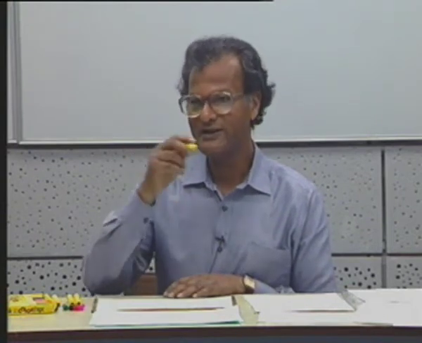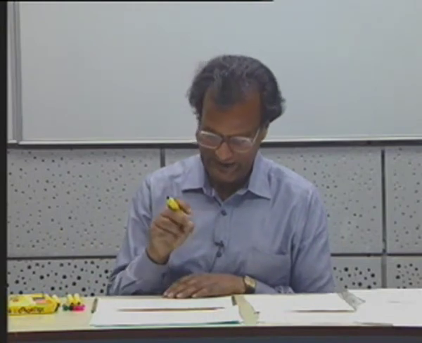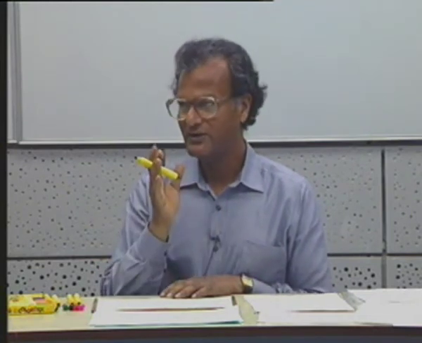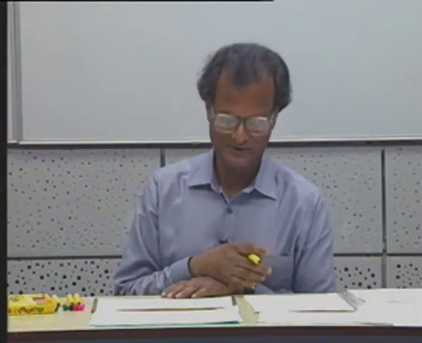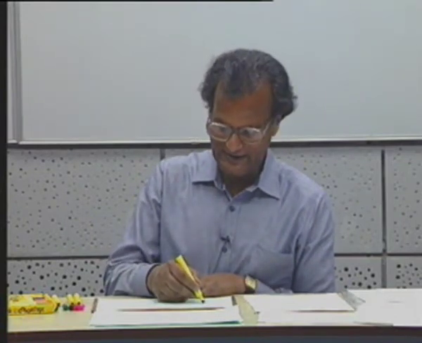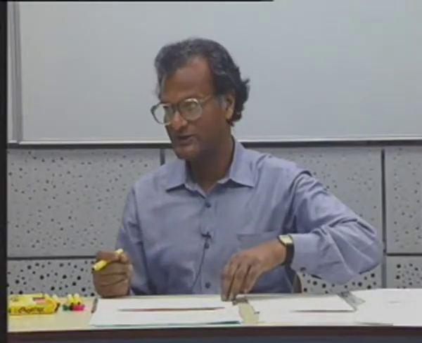Now for starting oscillations, this must be remembered: if you make exactly R2 equal to 2 R1, it may not start the oscillations, because this is the marginal condition for oscillation. You should use slightly greater than 2 R1, so that the gain is slightly greater than 3. This is a practical trick. The gain has to be slightly greater than 3, then only the oscillation shall start.